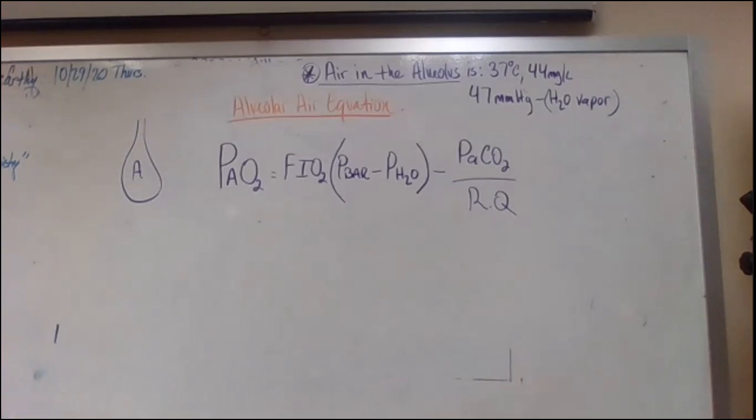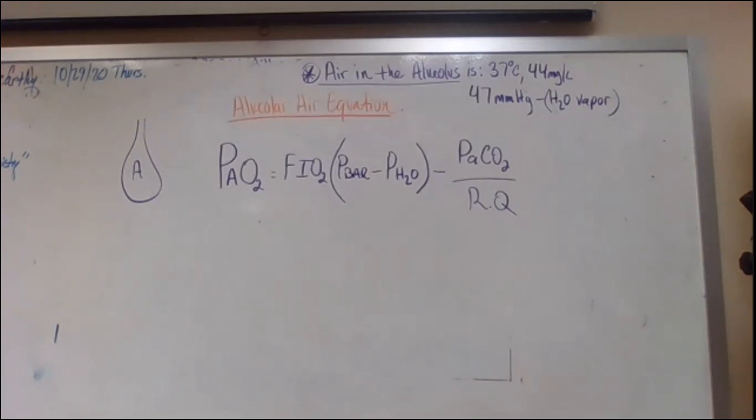And these are normal values that I'm using. The 47 millimeters of mercury is the normal water pressure. The PB is always 760, right? For PaCO2, we said less than 35 was hyperventilation and greater than 45 was hypoventilation. It's too much, right? And so the middle is 40. 35 to 45 is the normal PCO2, but 40 is right smack down the middle.